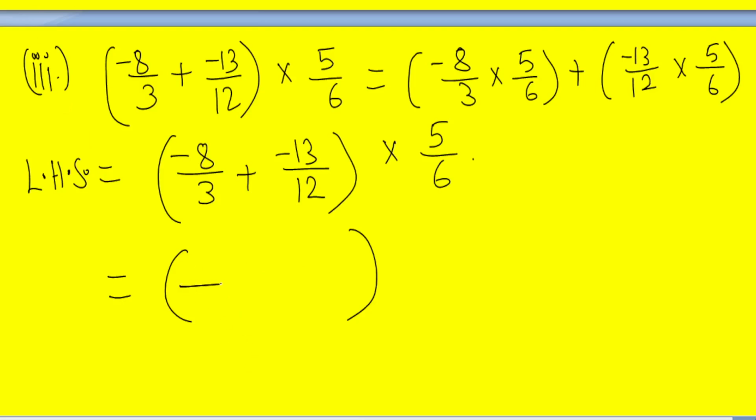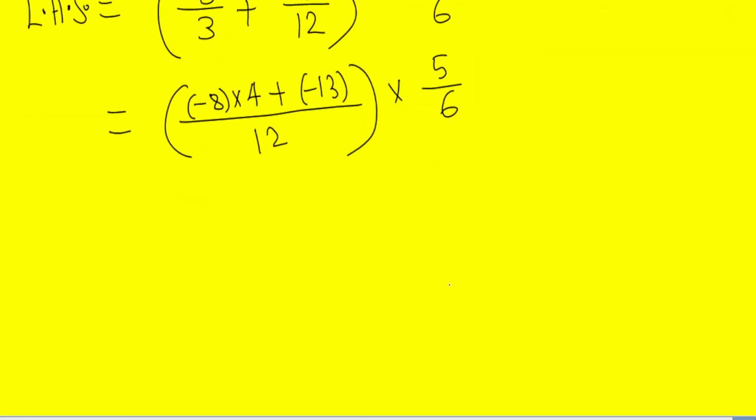The LCM of 3 and 12 is what? 12. Now 3 will divide 12, we will get quotient as 4. So minus 8 multiply 4 plus 12 will divide 12, quotient is 1, it will remain minus 13, multiplied with 5 upon 6. Okay.